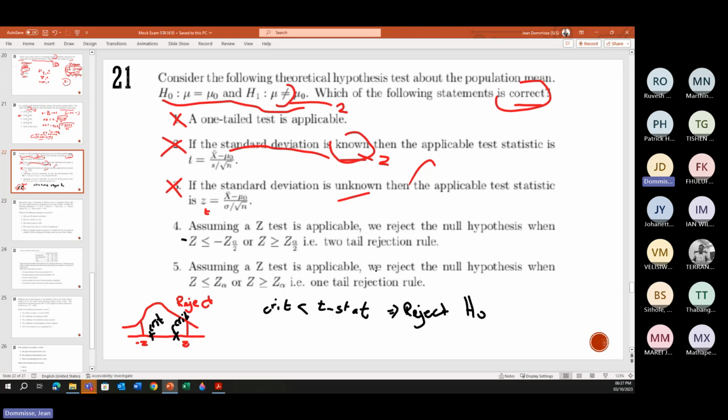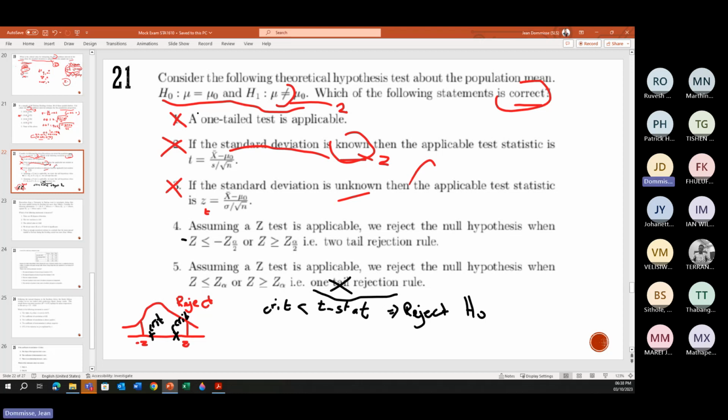And if it is the other way around, we will accept the null hypothesis. So let's look at this one: assuming we reject the null hypothesis, i.e. the one tail.